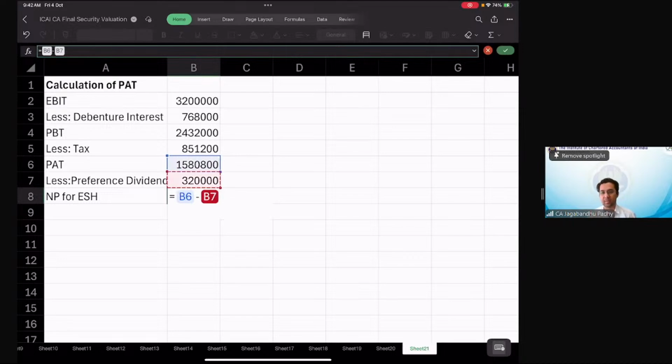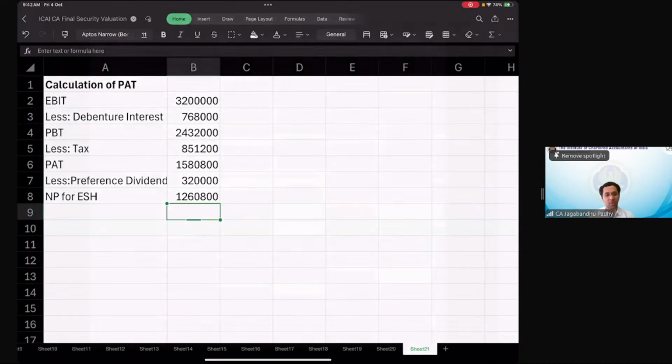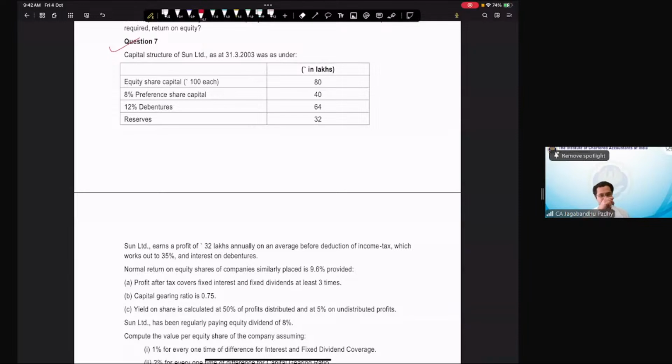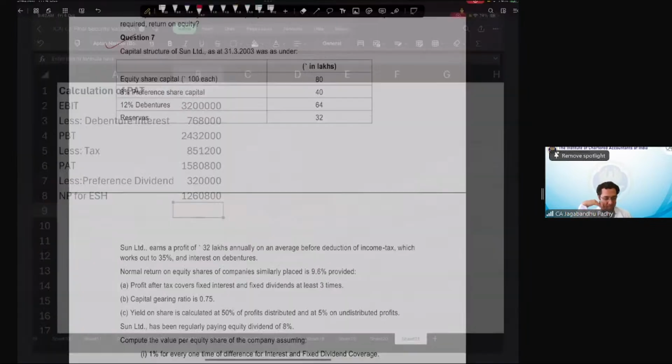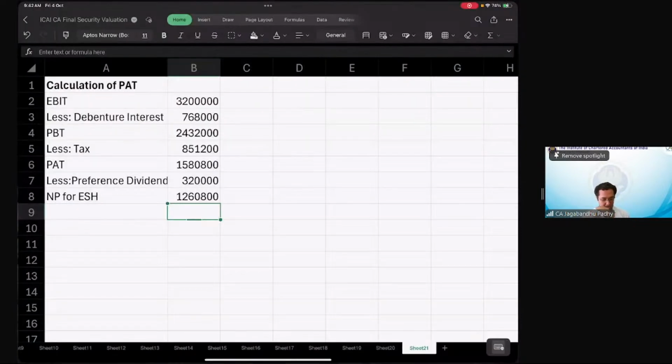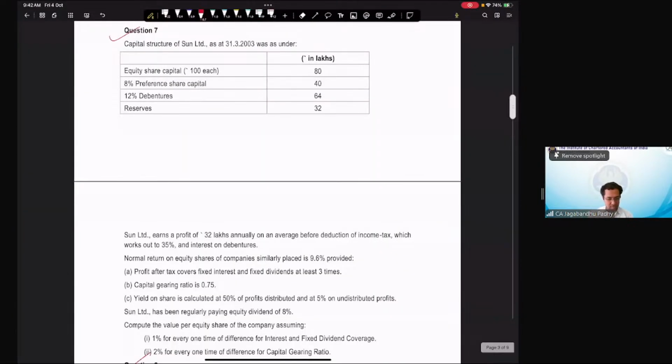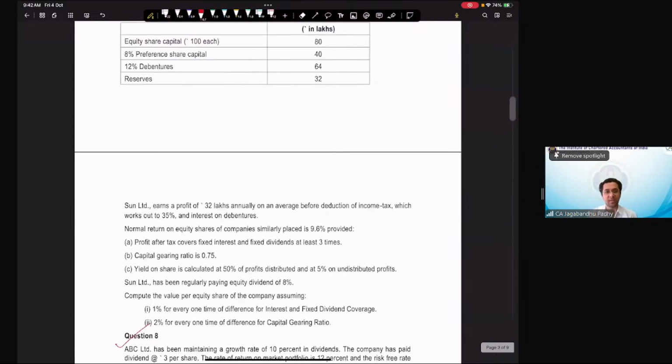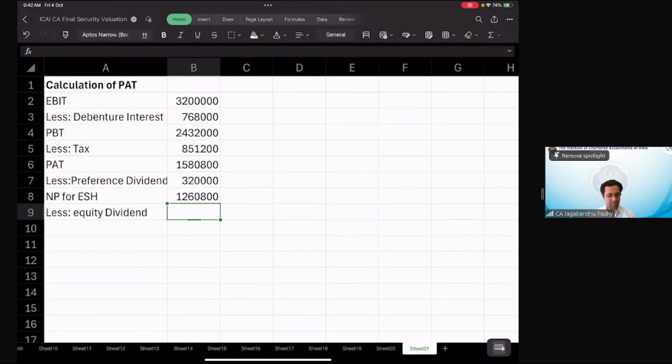This is the net profit for equity shareholders, right? But what is the amount of equity dividend that we are paying? Has the company declared any dividend? Yes, the company has been paying a dividend of 8%, right? So what is the amount of equity dividend? Less 8%.